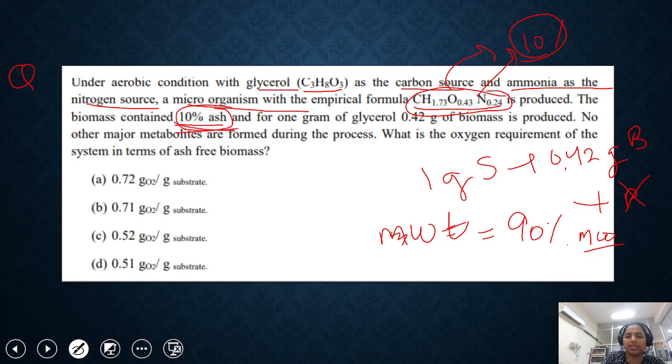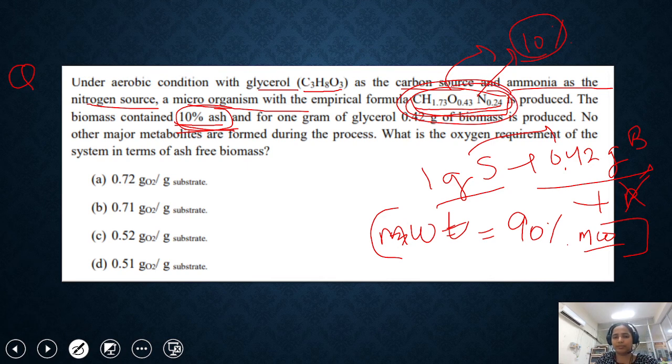This ash is a waste or other component that is not considered with the biomass product or biomass amount. The other thing given is that 1 gram of substrate is forming 0.42 gram. So it will help you know how many moles of this biomass is producing.